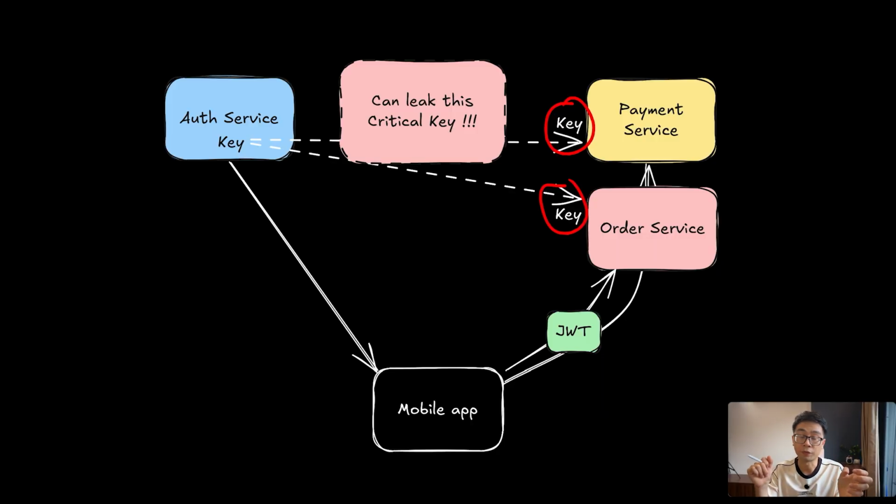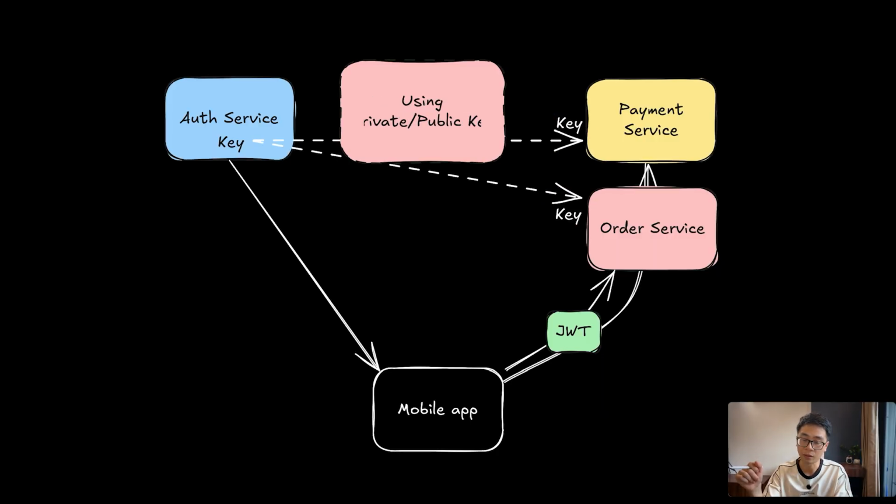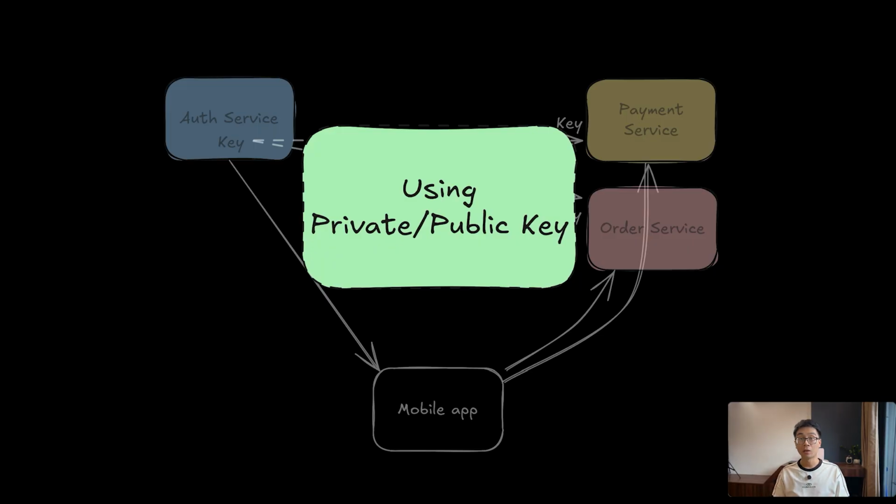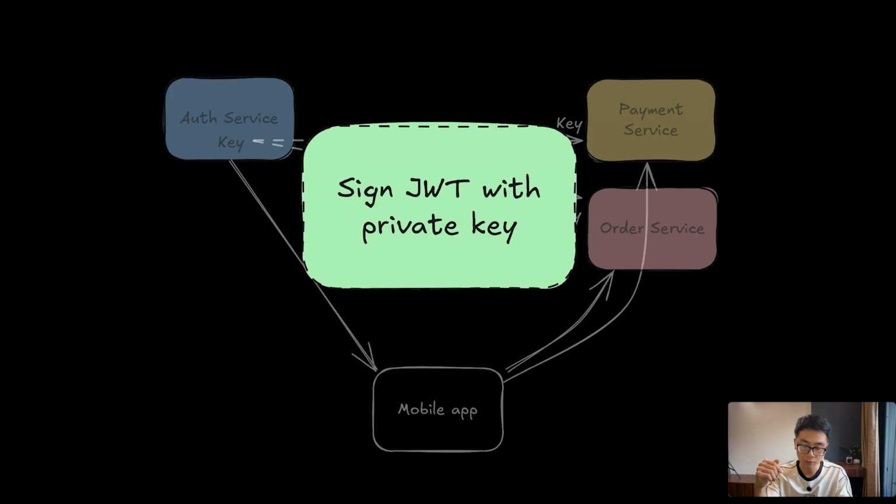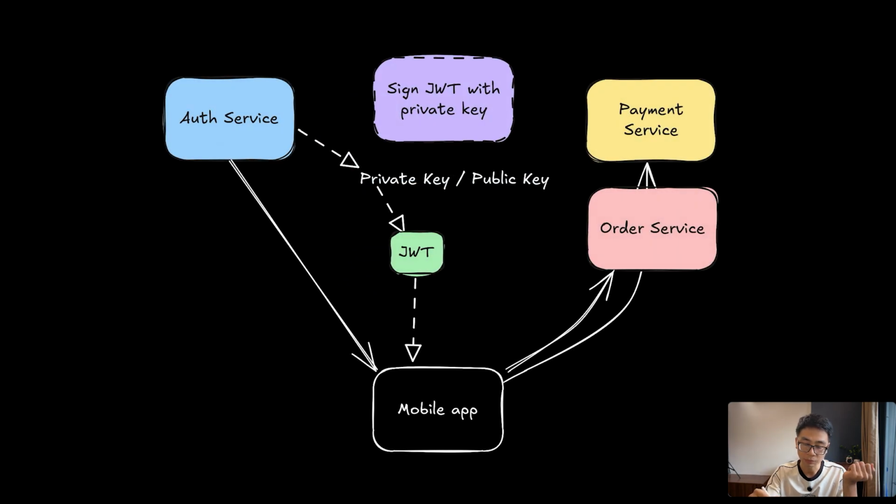So in order to solve this, we use asymmetric encryption, which means that if anything is encrypted using the private key, it can only be decrypted using the public key. Using this method, we can sign the JWT with a private key and then send it to the mobile app.